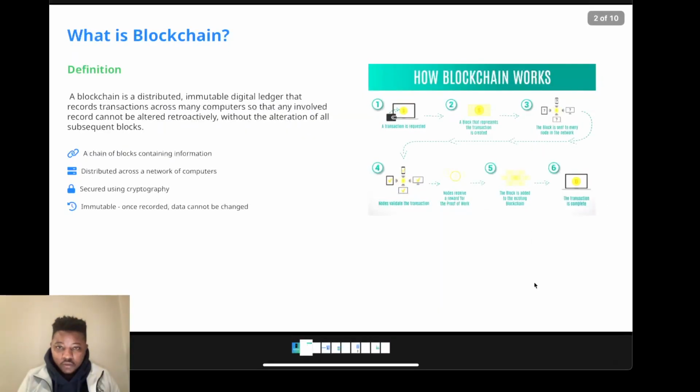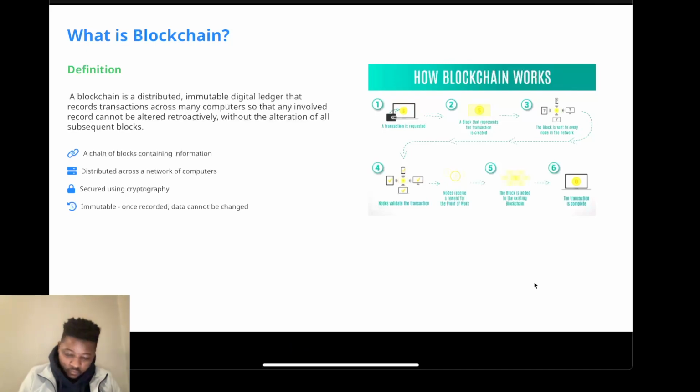You can see here the most important part about blockchain is this part, where it's immutable. When you say it's immutable, it means that it cannot be changed once it's done. This is blockchain in essence.